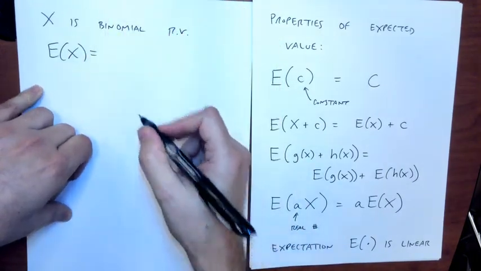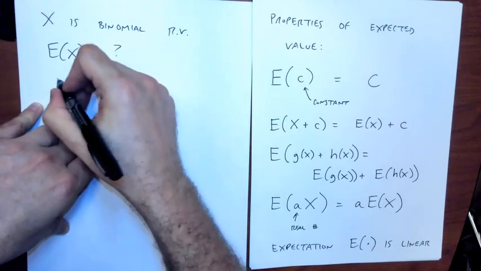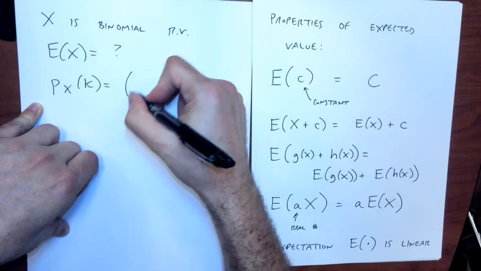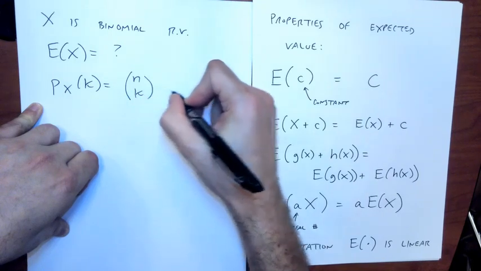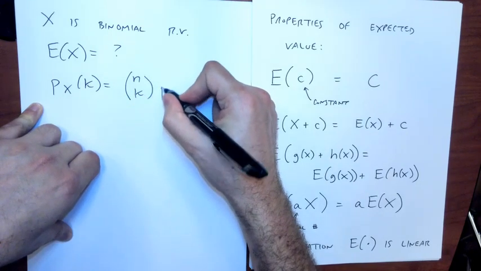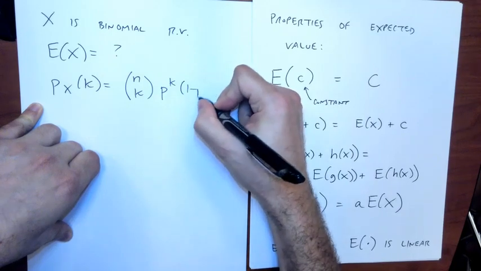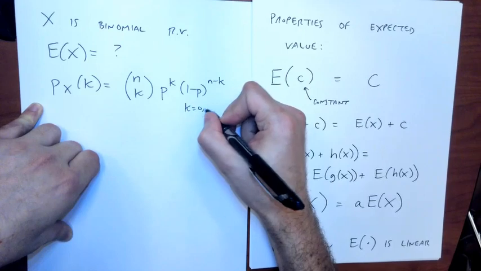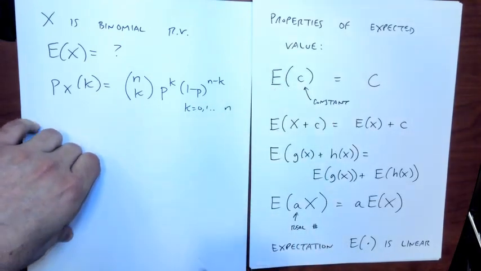Well, let's remember that the mass function, the PMF, is saying I take n choose k, then I have k successes and n minus k failures, and k can range from 0 to n.